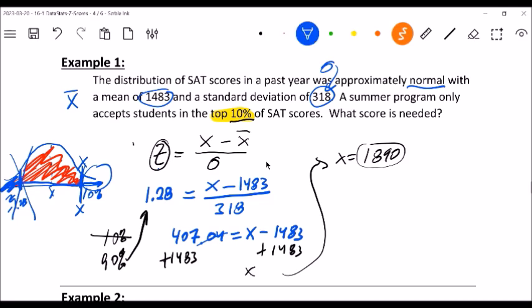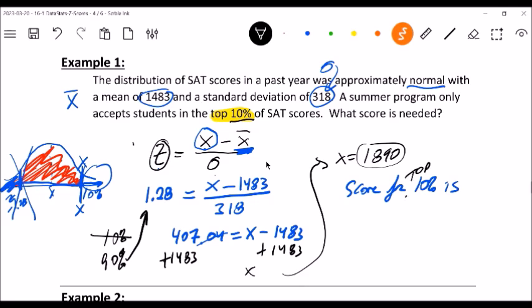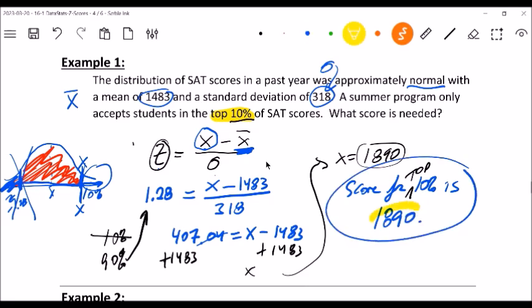And that's what the score is, because x here was the score that we needed, subtract the average, divided by the standard deviation, and it turns out that the score for the top 10% is 1890. And that's how you work it out.